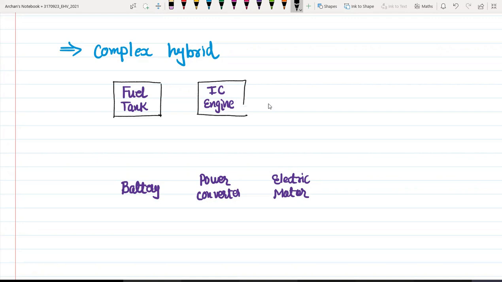Powertrain 1 and powertrain 2. Then an electric motor will make one more powertrain.